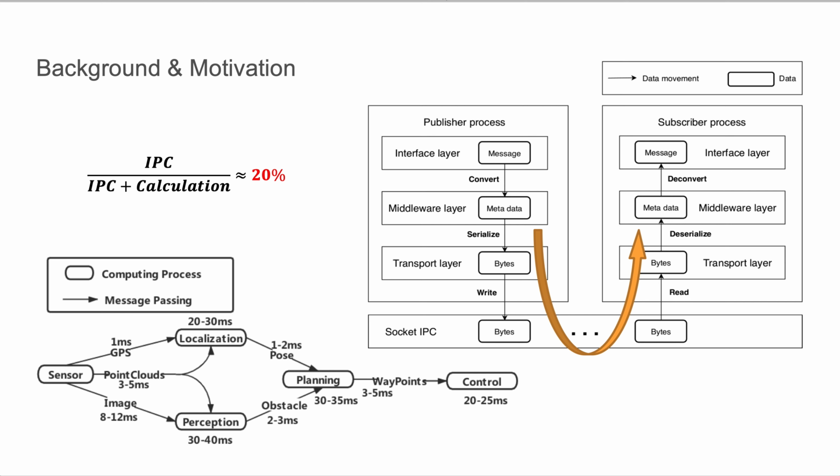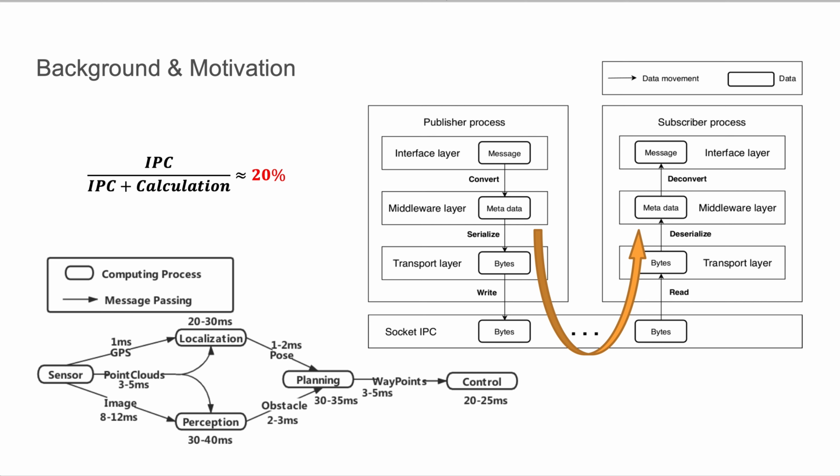In terms of those two, the publish process generates a message from the language interface layer and then converts it to the middleware representation, serializing it to the transport layer before writing to the socket buffer with the help of the operating system.